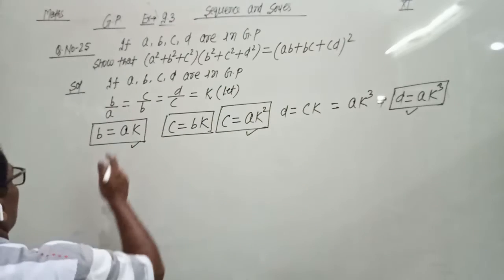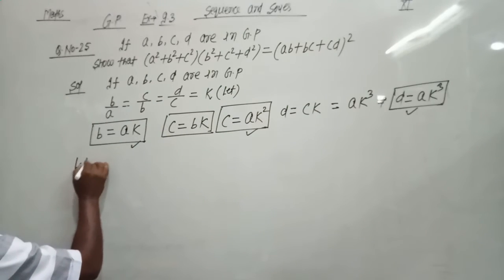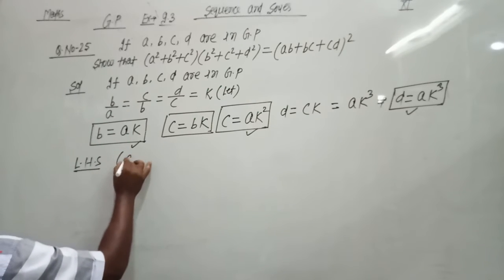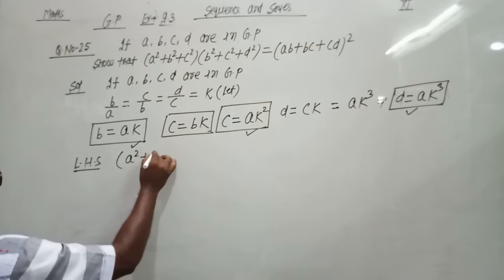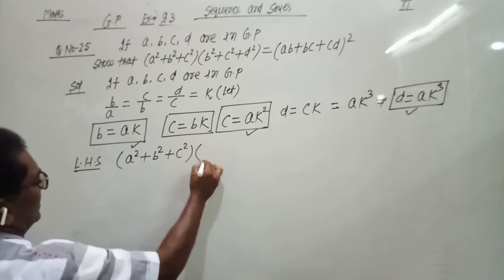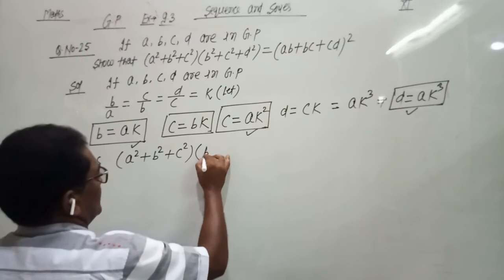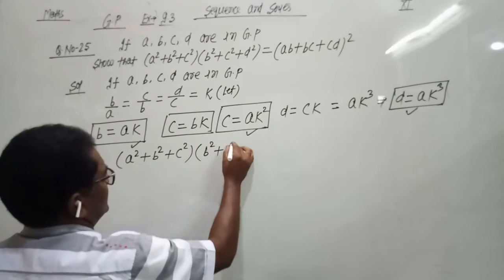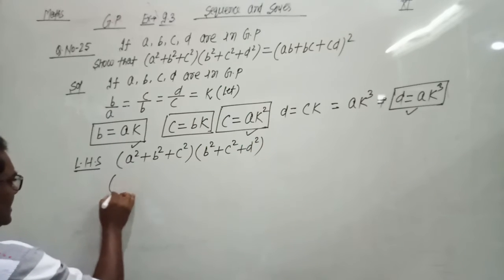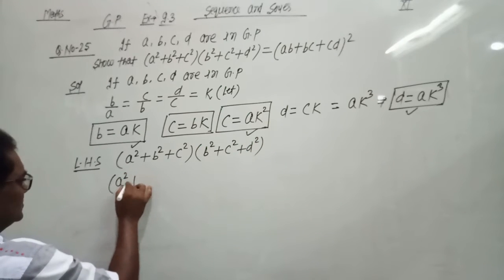Now LHS, what we have to prove? The LHS is A square plus B square plus C square multiplied by B square plus C square plus D square. So A square would be written as it is.